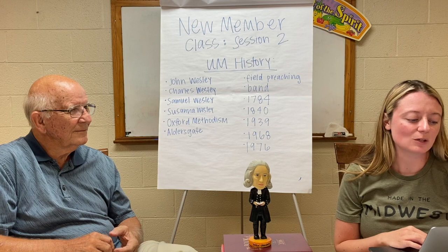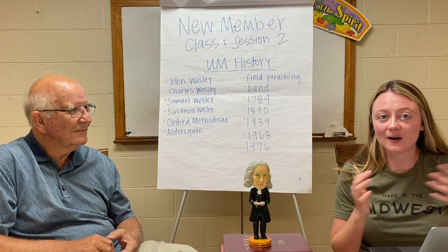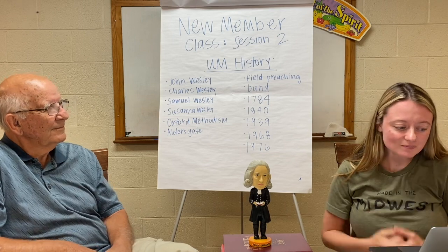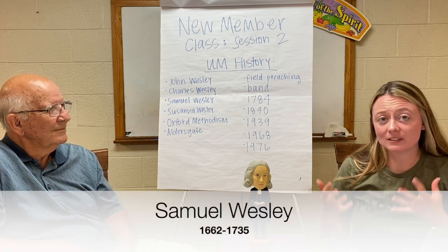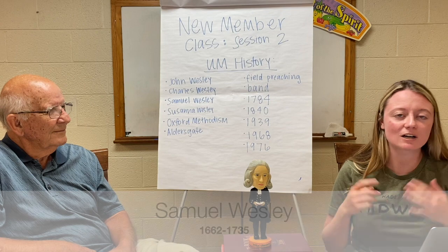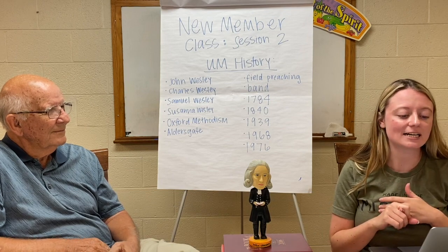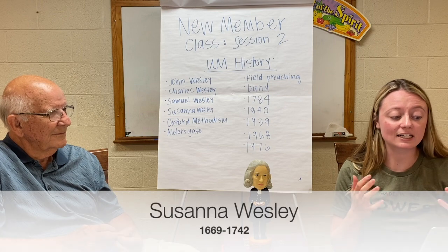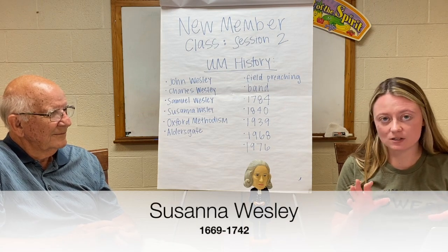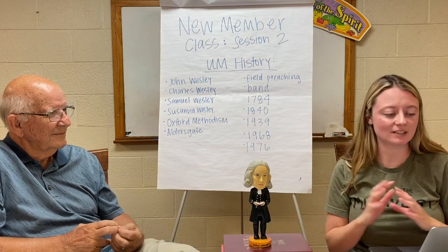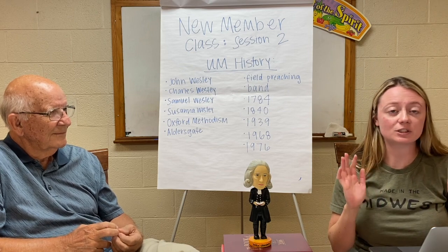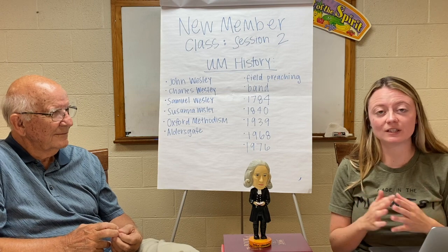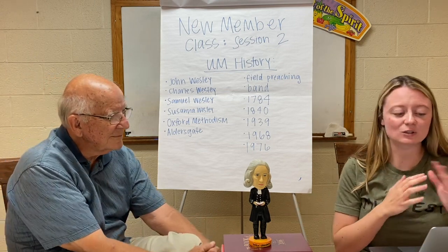The Wesley family, the parents, matriarch and patriarch, were Samuel and Susanna. Samuel, John and Charles's father, was Oxford educated. He was a minister in the Church of England. Susanna, at the time women weren't allowed to be in formal education in any way, and yet it was super important for her to make sure all of her children, both the boys and the girls, were educated.